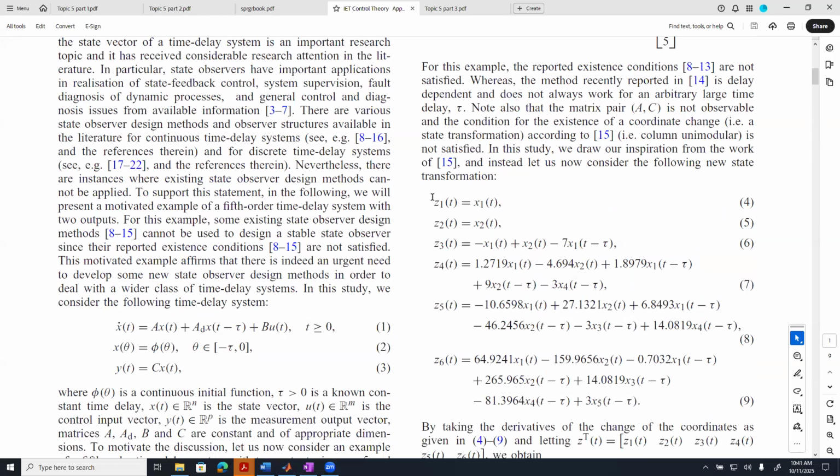And so the transformation is given as follows.